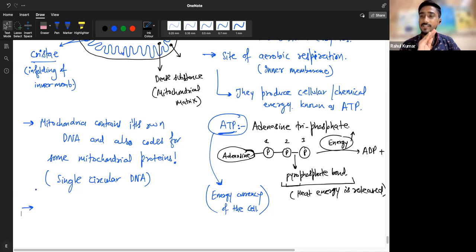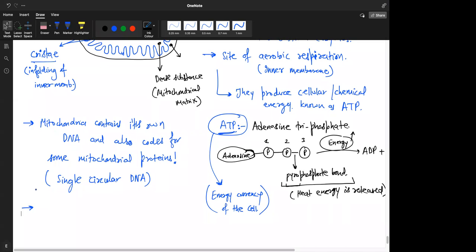Because ribosome is a legit organelle in our cells. We have ribosomes attached to the ER and also freely present in the cytoplasm. Bacteria also has ribosomes in its cytoplasm. Now you mean to say in a eukaryotic cell, there are ribosomes of the cell, there is mitochondria, and there are ribosomes inside the mitochondria, which is the mitochondrial ribosome.